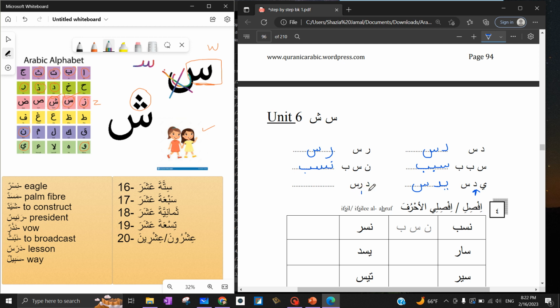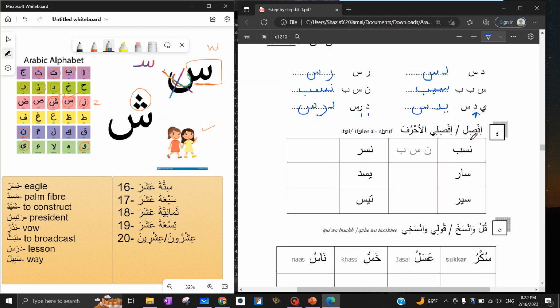Darasa. Here two of them are non-connectors. Dal is written separate. Ra is written separate, cannot be connected from both the sides. And because dal is a non-connector, it cannot be connected. Ra cannot be connected from the right. And seen will be written separately.